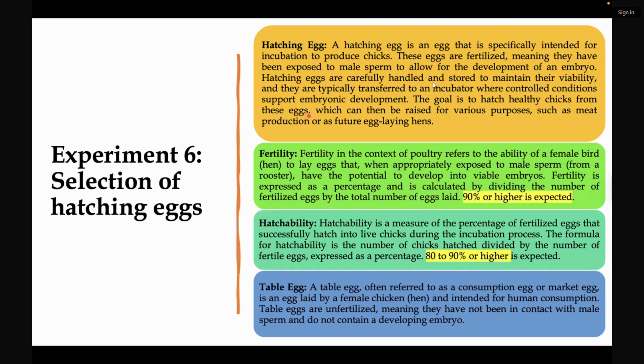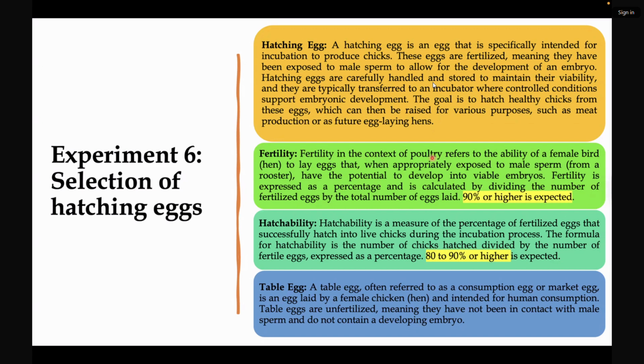This is the goal of having hatching eggs. And we have some related terminologies here which we need to know. Those are fertility and hatchability. So we have discussed this earlier though.